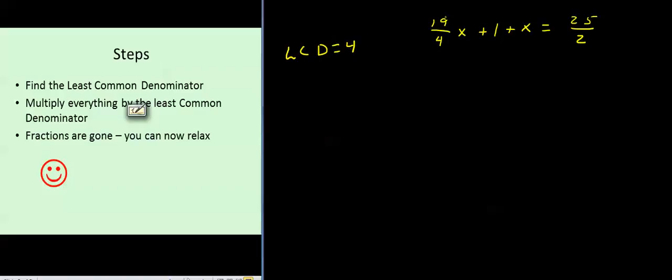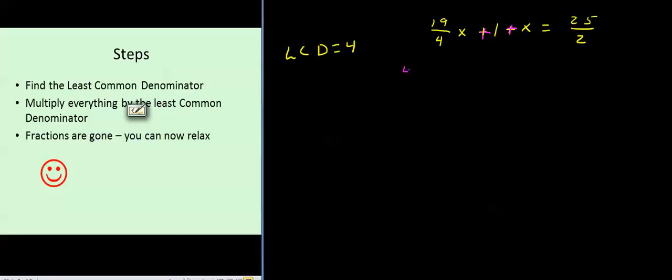Now I'm going to rewrite the problem, and anywhere I have a term basically separated by plus or minus, each one of these is going to be multiplied by 4.